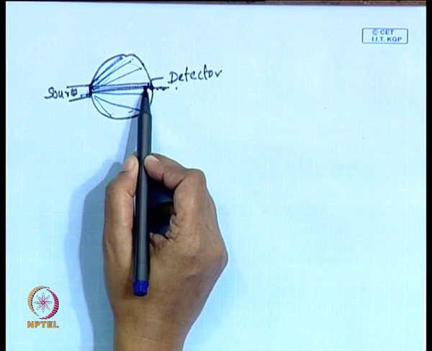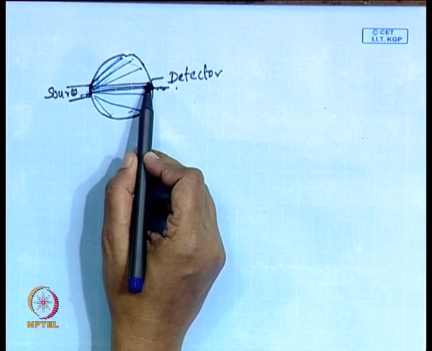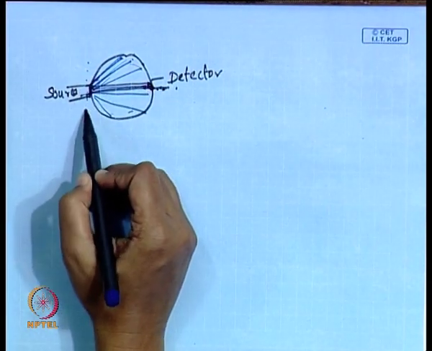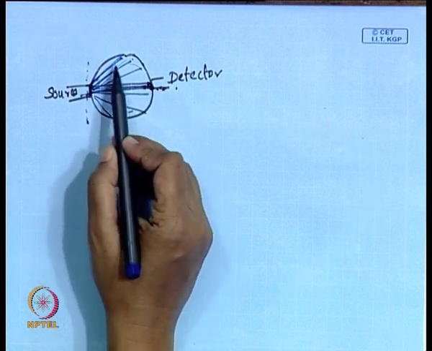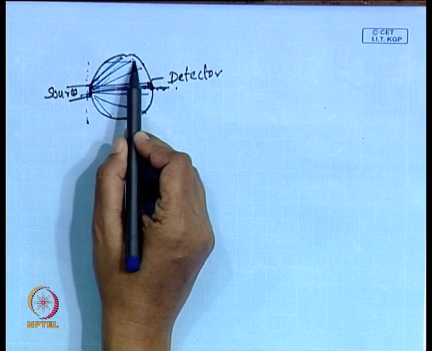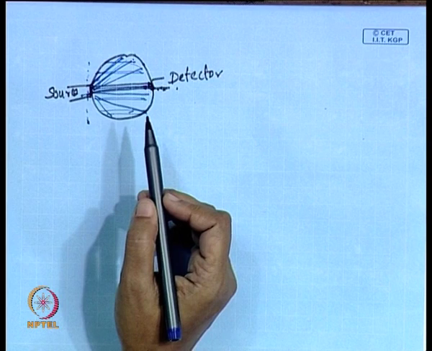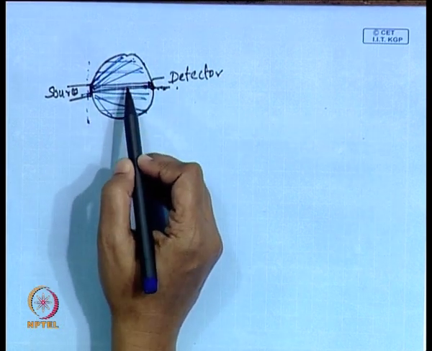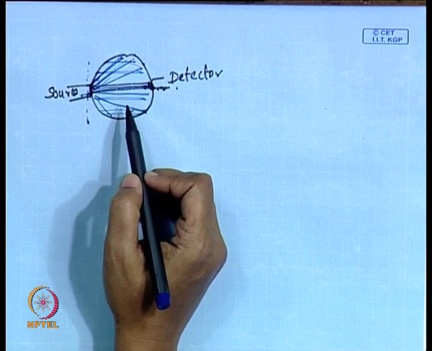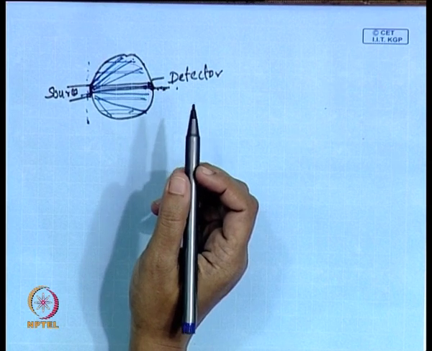How to convert this chordal average into a cross sectional average? There are two things that we can do. We can place the source at different positions along the test section, and at each point we can measure the chordal average void fraction. Once we get the chordal average void fraction as a function of position, then we can find out the cross sectional average value by suitable mathematical manipulations.